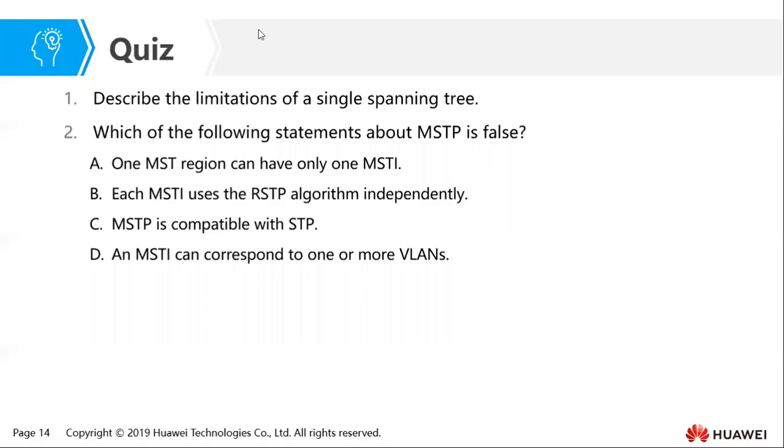Yeah. Okay. So first off, because of just the one spanning tree, sorry, I'm just thinking about both network convergence, which is one of the good things about it. Can you move closer to your mic? We can't hear you very clearly. Oh, sorry.